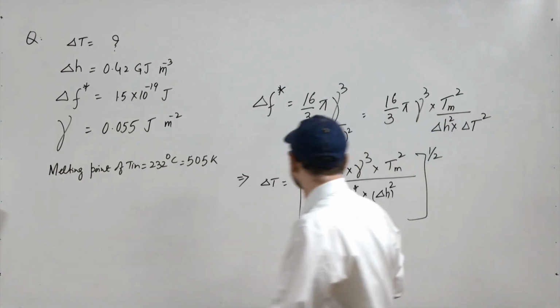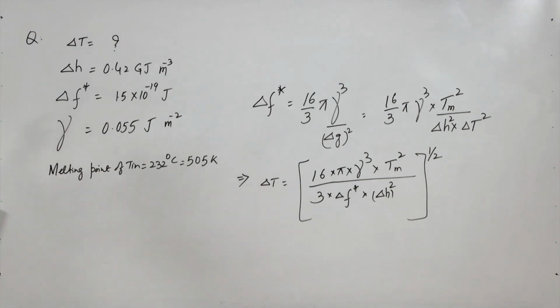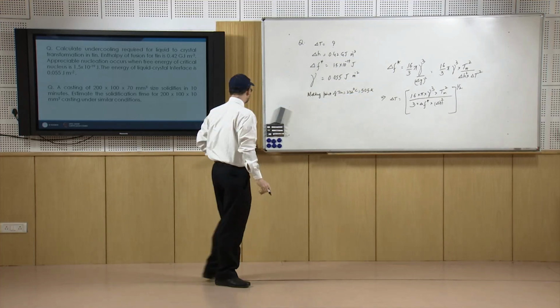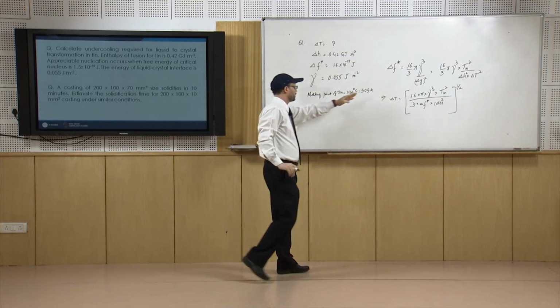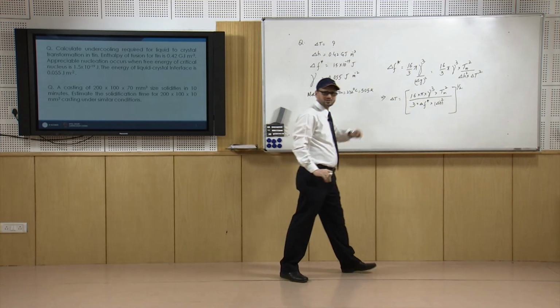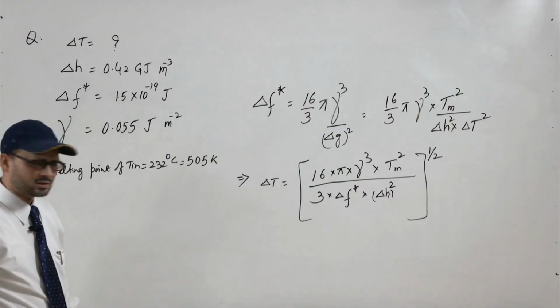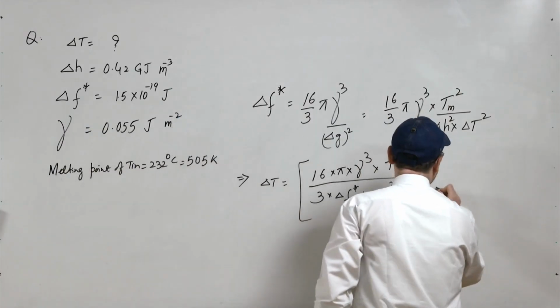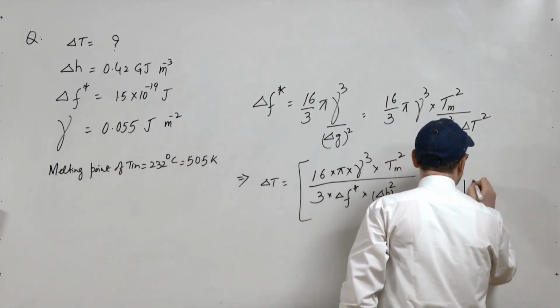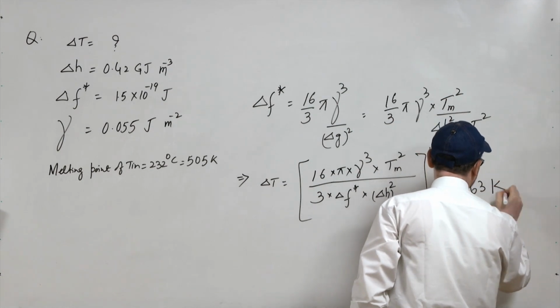So, this way what we see is you have been given all these values, you have to know the actual formula for calculating this, and once you solve this you will get this value as approximately 163 Kelvin.